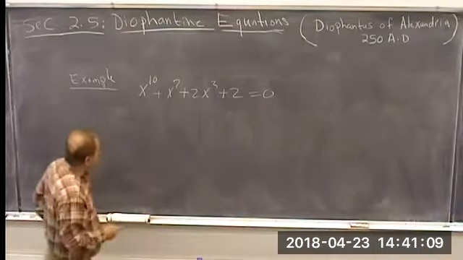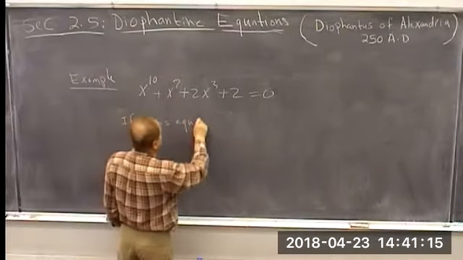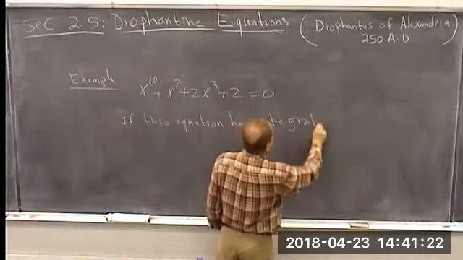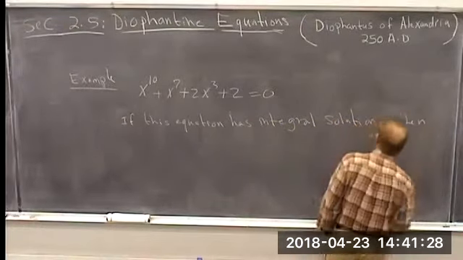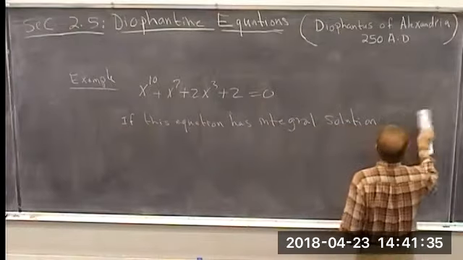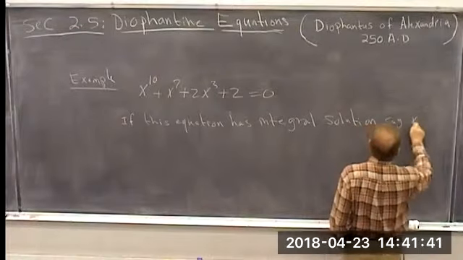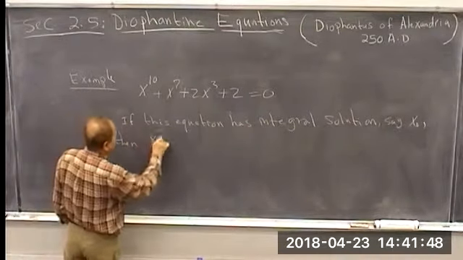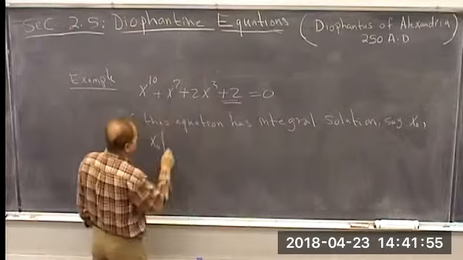Okay, so if this equation has an integral solution, say x sub 0, then from our discussion, x sub 0 must be a divisor of the constant term, which is 2.